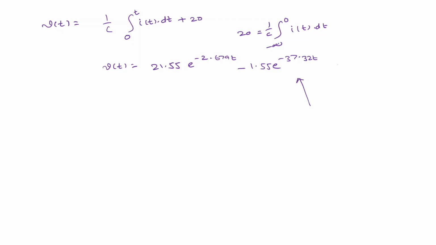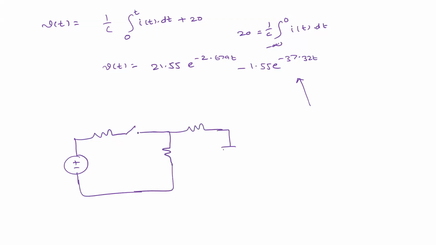So try to solve this problem. This is 0.5 henry, this is 1 millifarad, this is 60 ohm, this is 40 ohm, this is 10 ohm, and this is 30 volts, and this switch is opened at t equal to 0.